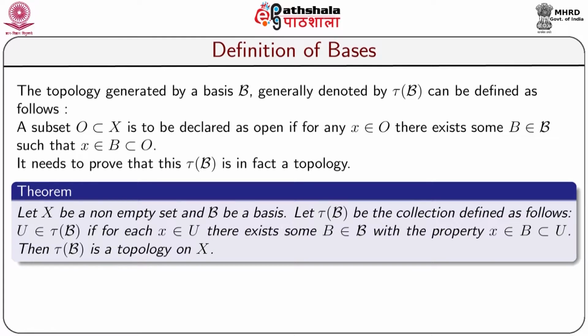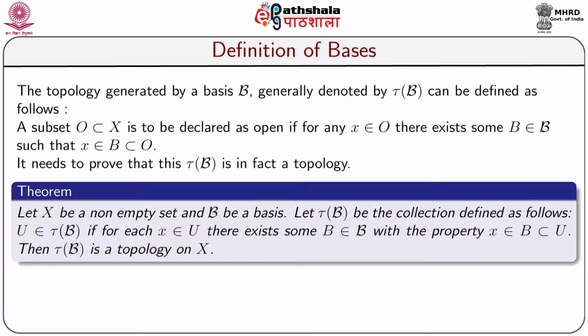So, let X be a non-empty set and script B be a basis on X. Then we declare a set O as open in X if for each x belongs to O, there exists some basis element B such that x belongs to B, which is contained in O. We claim that this collection of sets will be a topology on the set X, which we have to prove, and we will denote this topology as tau B, and we will call tau B the topology generated by the basis B.